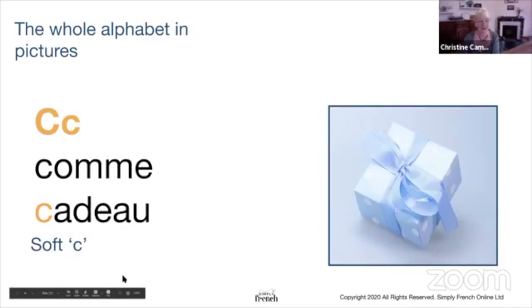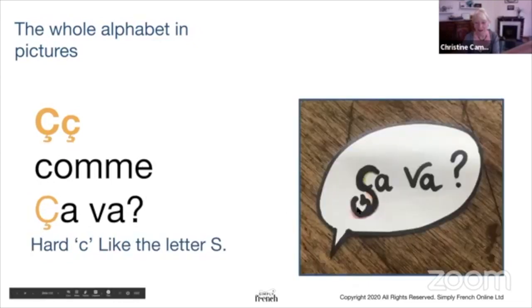It's a soft C. C comme cadeau. This one, I played around with my colors because I liked the sound of the C cedilla has got some kind of connection with the letter S, even visually. So it's a hard C, like the letter S. C comme ça va.